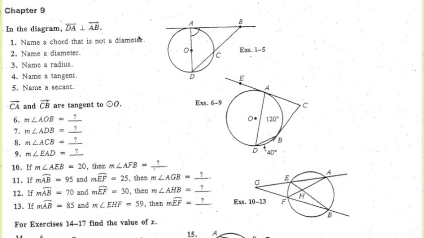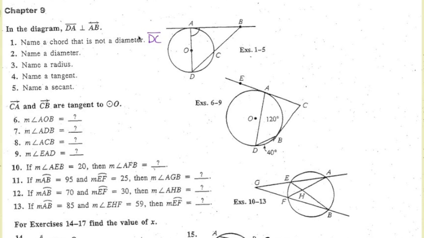The first group of questions is looking for definitions, and this is the locating things within the circle. We don't need to write out the definitions, we need to find them, and we need to use proper notation. So where's a chord that is not a diameter? DC as a segment. Okay, we need that symbol above it. CD, DC, same thing, doesn't matter which letters you do. But we want those two letters, and we need the symbol for a segment above it.